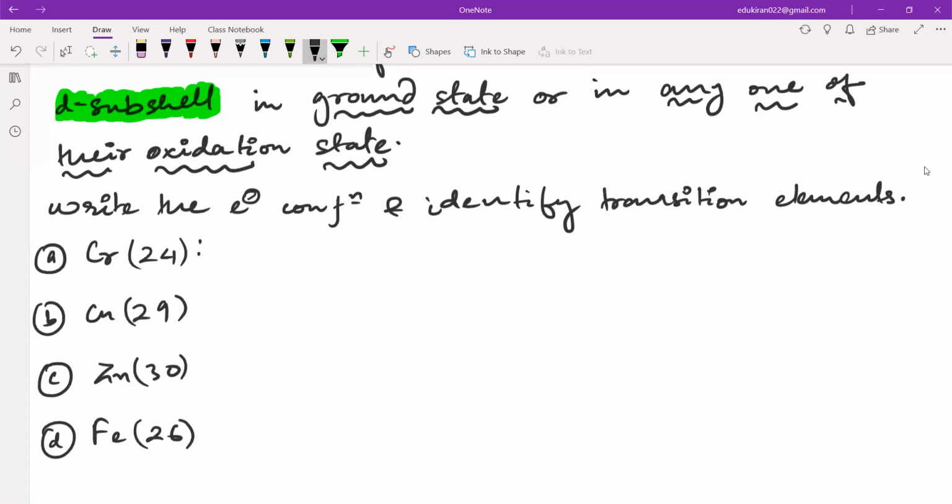Okay? Write the electronic configuration.